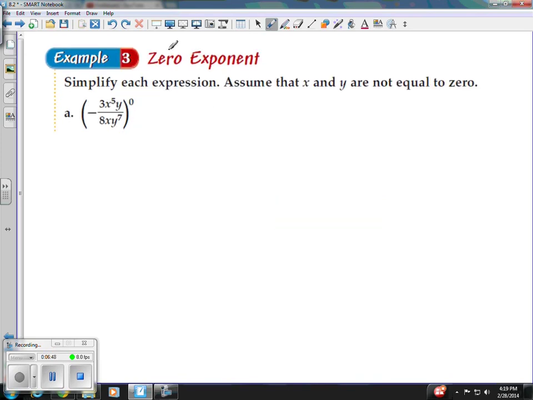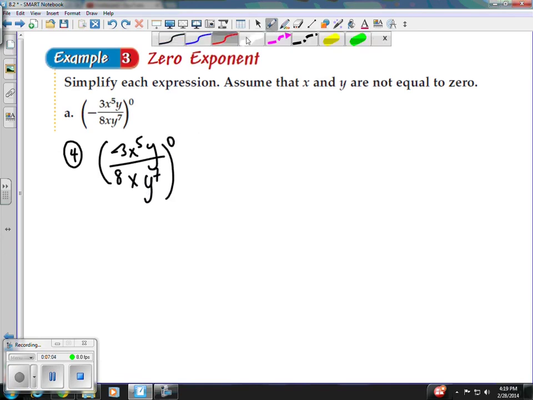So here's an example of our 0 power. So if I have negative 3x to the 5th y over 8xy to the 7th, all to the 0 power. If you remember, whenever we have our power on the outside, when we have a monomial being raised to a power, it gets distributed.